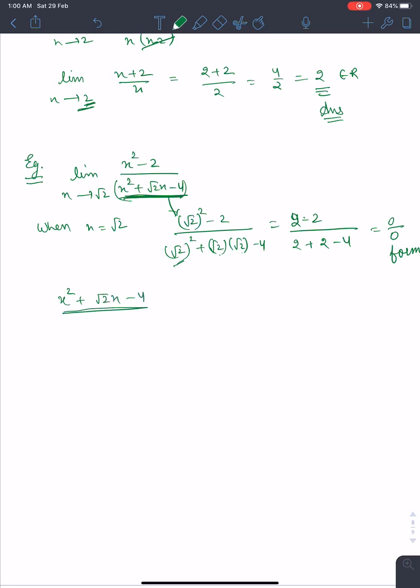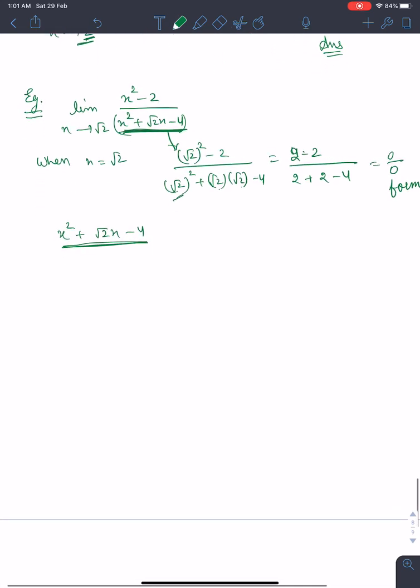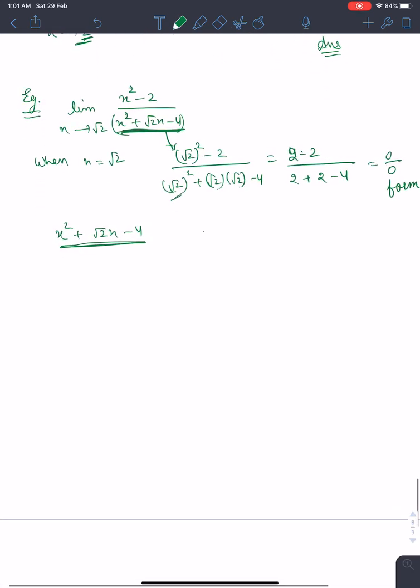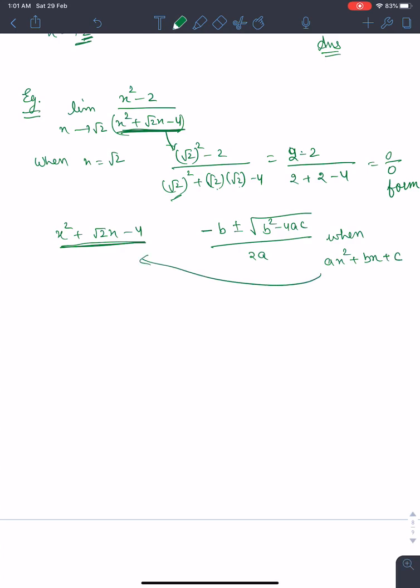If you want to factorize this, you just find the roots for this quadratic expression. You know how to find the roots by using the Sridharacharya formula or quadratic formula, that is minus b plus minus under root b square minus 4ac upon 2a, when the quadratic expression is ax square plus bx plus c. So by comparing, what are the roots for this equation?